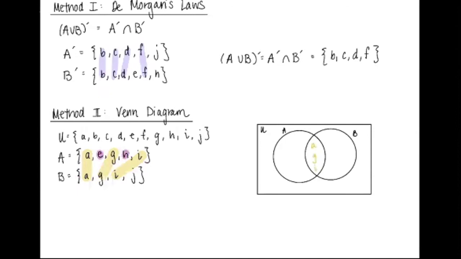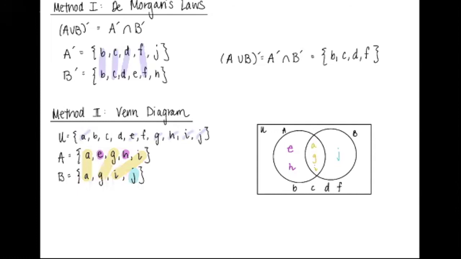Next, we've got E and H on their own, so that goes just in set A. And then what's unique to set B is letter J. So we've used A, E, G, H, I, J. So the stuff that goes on the outside then is B, C, D, and F.